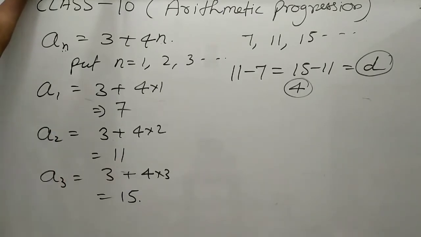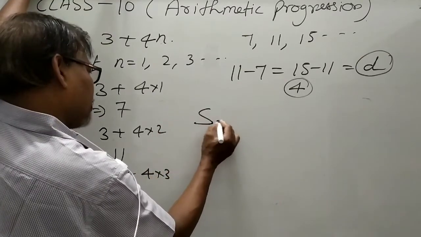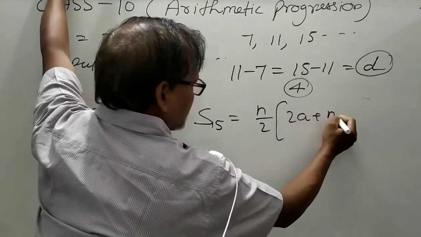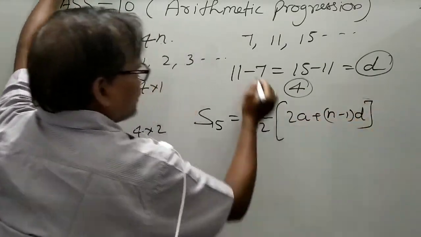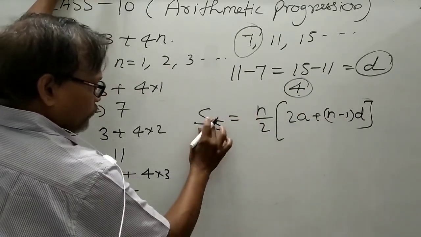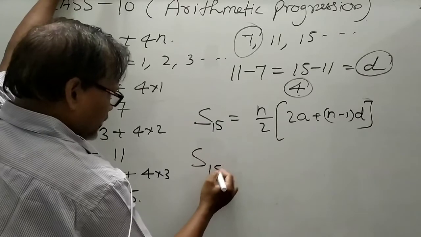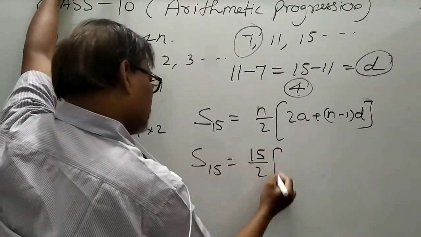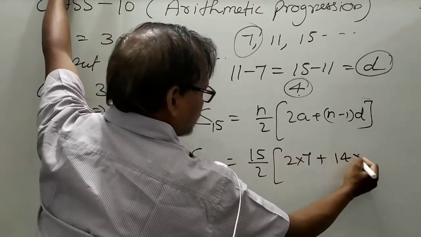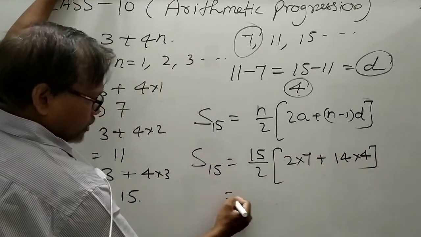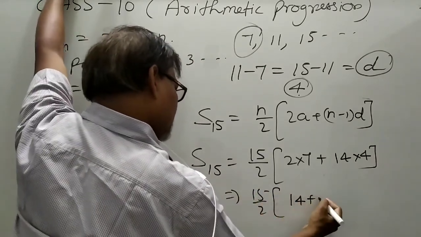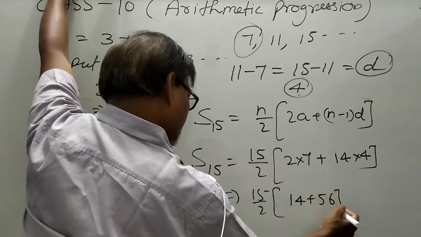This is the reason. Now you have to find S15, the sum of the 15 terms, so n by 2 into 2a, the same procedure. A you know, that is the first term. D you know, put the value, and n is equal to 15. So S15 is equal to 15 by 2 into 2a means 14, plus 14 into D means 56.